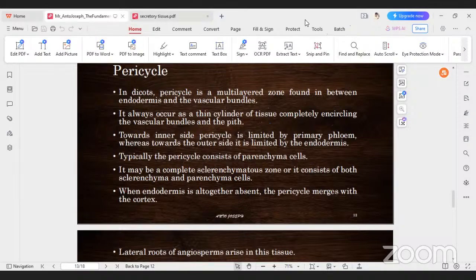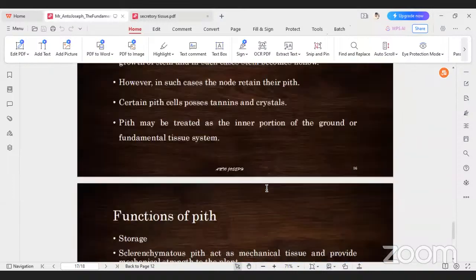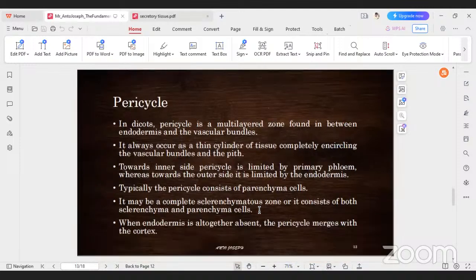Let me take a pen. No diagram is given. Okay. For example, this is stele. This layer is the stele limiting layer.